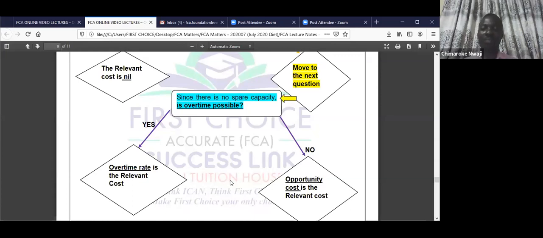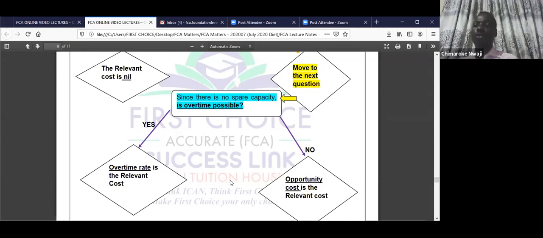You're producing bread, and they ask you to stop the production of bread for 3 hours and take that time to join them in producing cake for a one-off contract that somebody has ordered, and this order does not come every time. You find out that that's an opportunity cost.